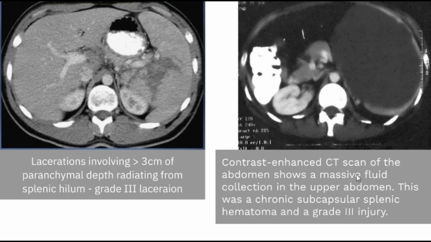It's not subacute or acute because it has a fluid density. Acute or subacute should be more dense than that. Pure fluid density is chronic. Yes, this was also the case of chronic subcapsular splenic hematoma. A pseudocyst will not cause mass effect on the spleen, maybe on the pancreas, but not on the spleen.